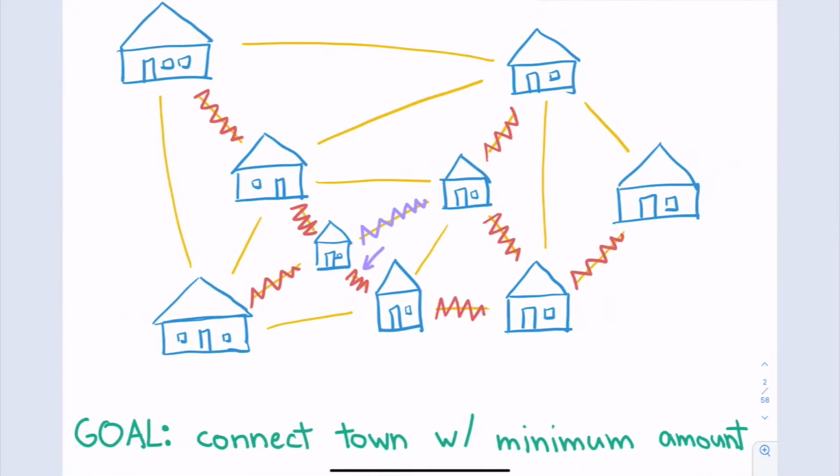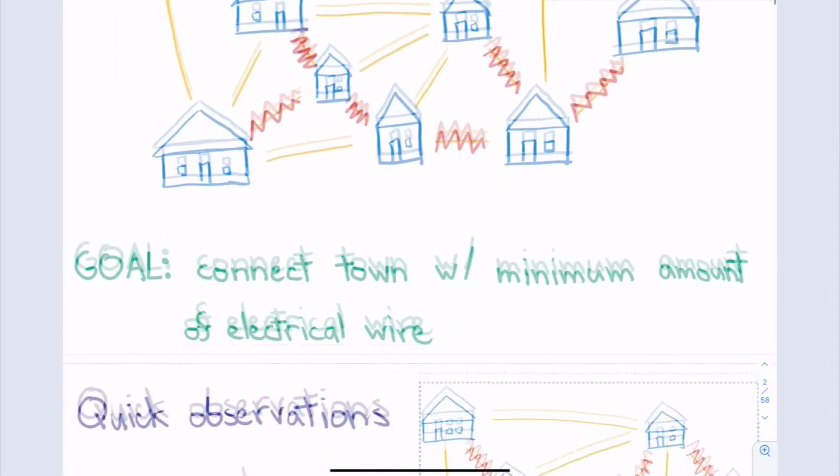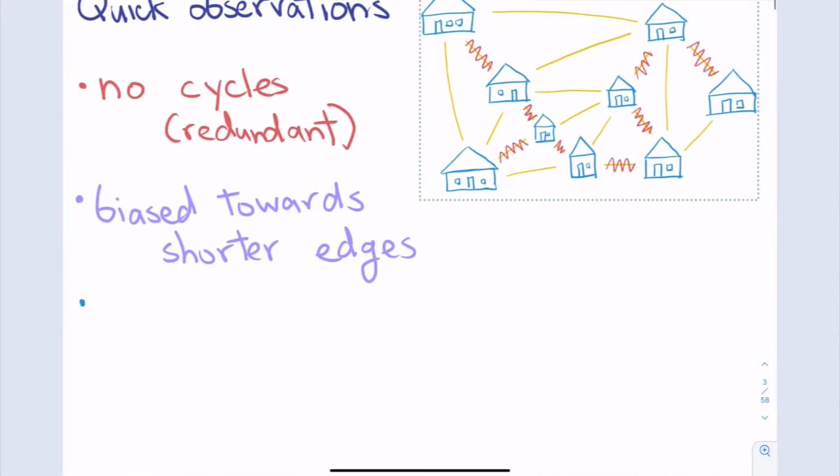And now I'll reconnect my network. But at least locally speaking, there's really no incentive to do this. I maintain connectivity, but I'm just using more wire by replacing a shorter one with a bigger one. So there's some bias towards shorter edges.